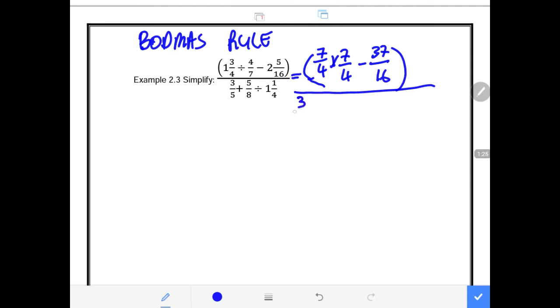Then we have 3/5, plus 5/8, divided by 1 times 4 will be 4 plus 1, it gives us 5/4. 1 times 4 plus 1 is 5/4. Now again, it's a fraction divided by another fraction.